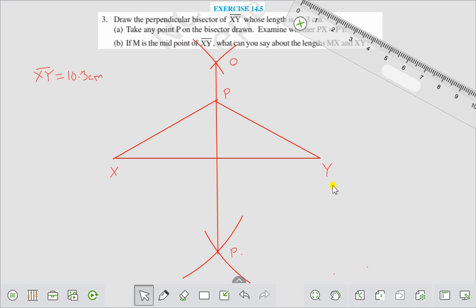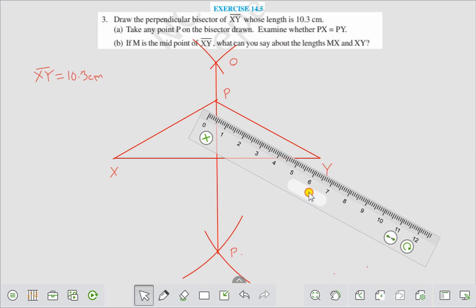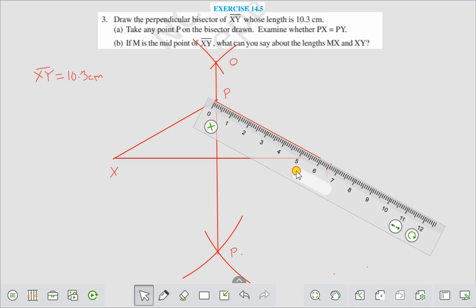And if we measure the length of PX and PY, let us check the length of this line. Here you see the length of line PY is equal to 6 centimeter.